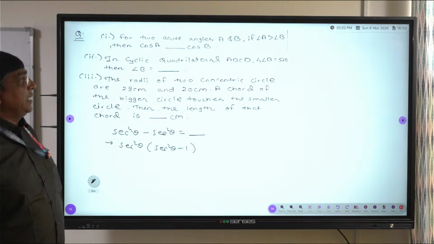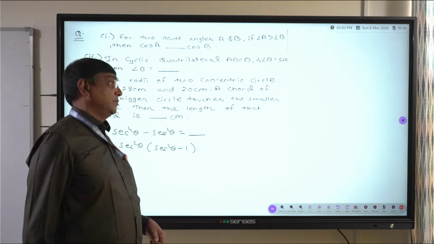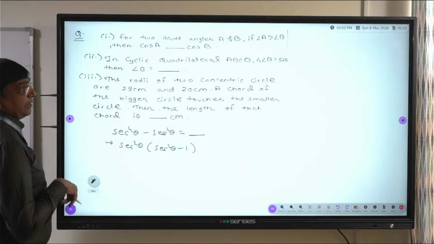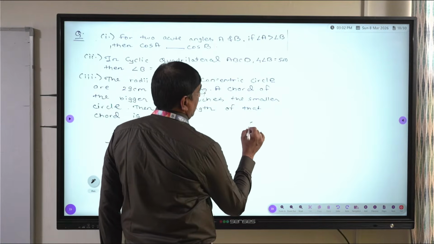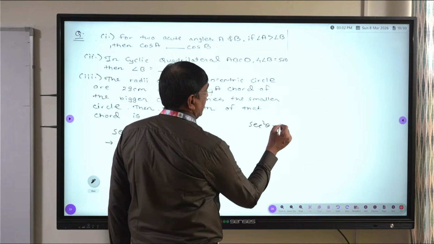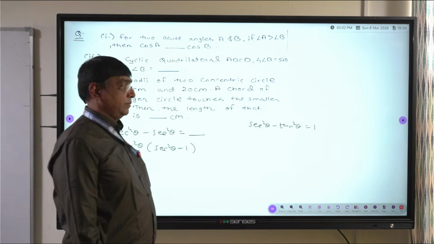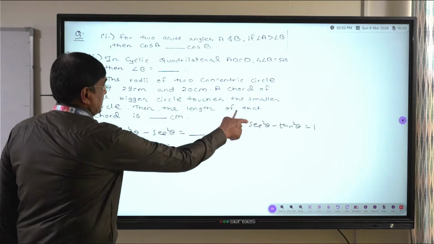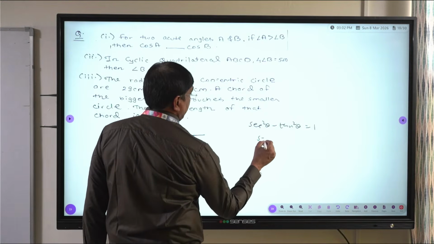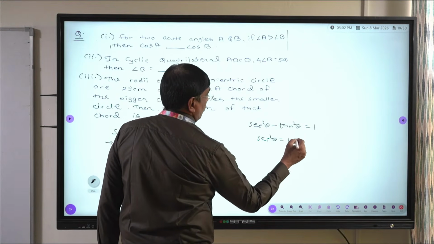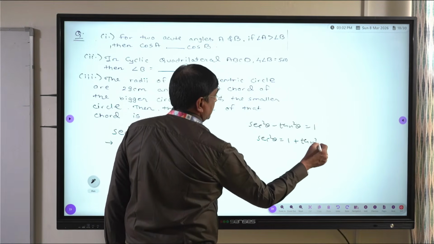Our requirement is in terms of tan theta, so we know the identity, the general identity: sec square theta minus tan square theta equals 1.